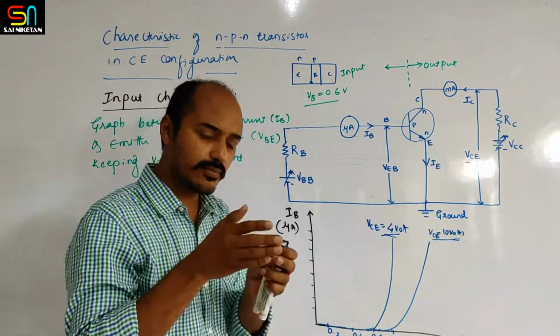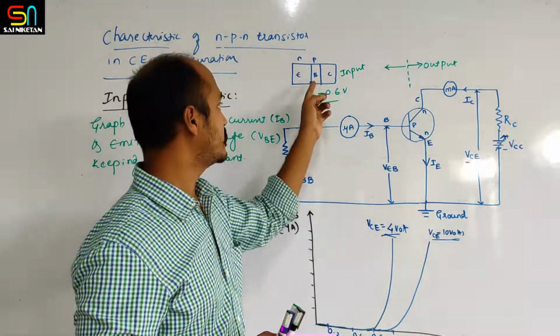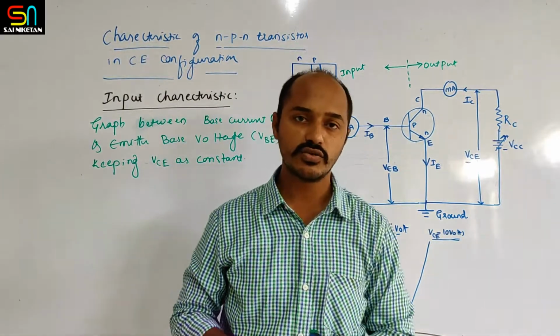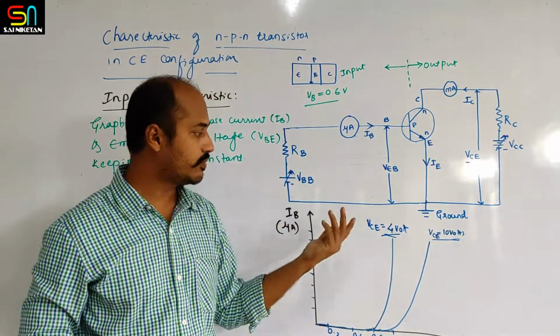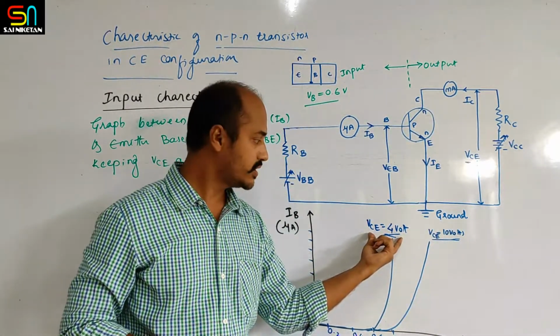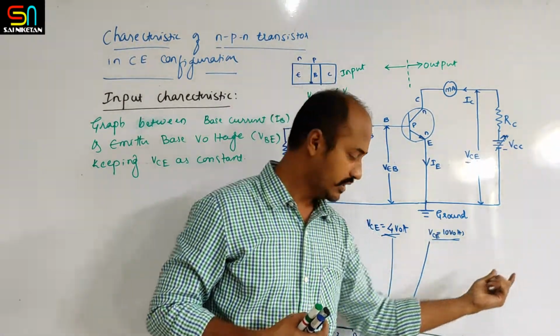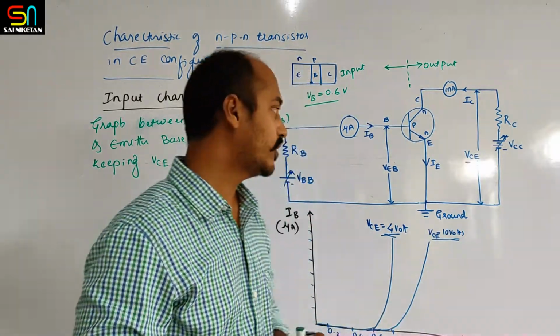That increases the resistance between the emitter and base junction. Because of this, the potential barrier increases. So you can remember, as the collector emitter voltage goes on increasing, the potential barrier goes on increasing. So this is regarding the input characteristic.